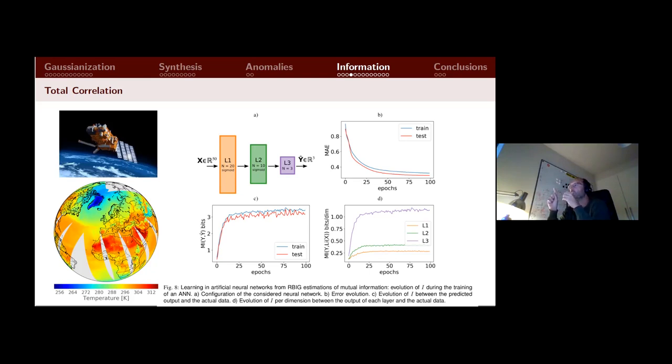But here we are using RBIG for estimating the quality and how the learning process is done by different neural networks.